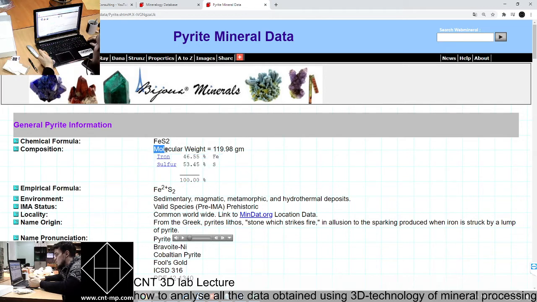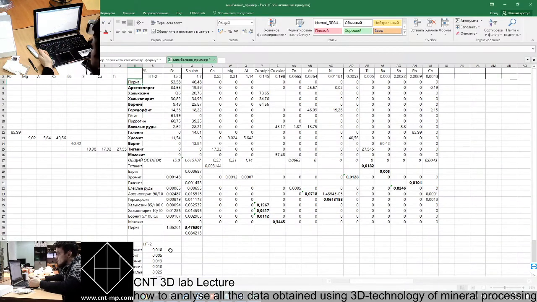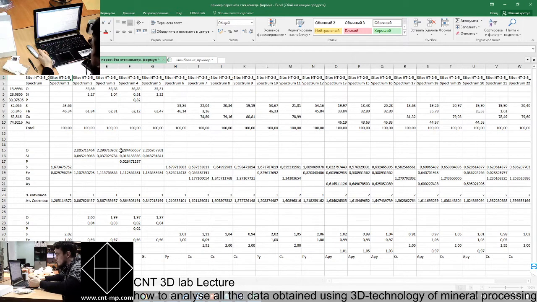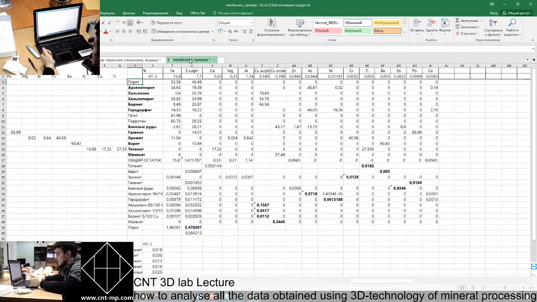We use that when our data is not enough for building the average stoichiometric formula, or the analyses are very bad. But as we have a lot of data, we try to use only our data.